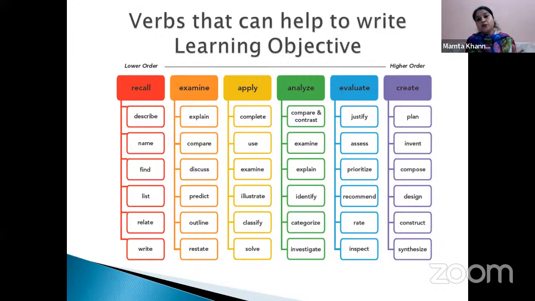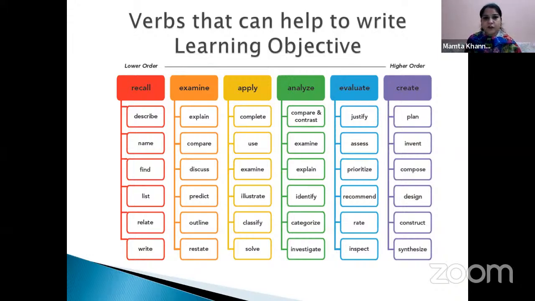Student will be able to analyze, compare or contrast. The student will be able to compare living and non-living things. Student will be able to evaluate, justify, recommend or rate. And for higher order thinking, the student will be able to create something new with the understanding of the topic, right? So these are a few verbs which you can use.